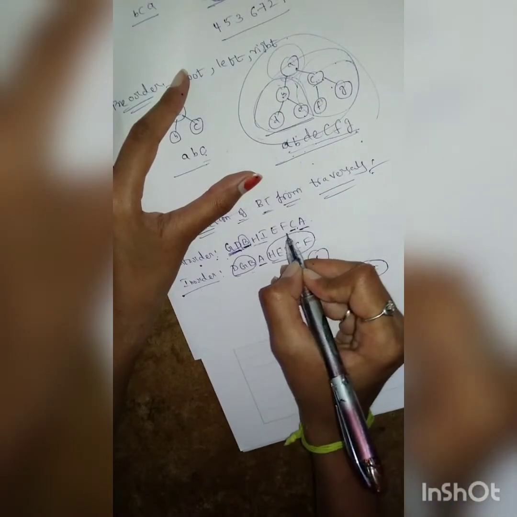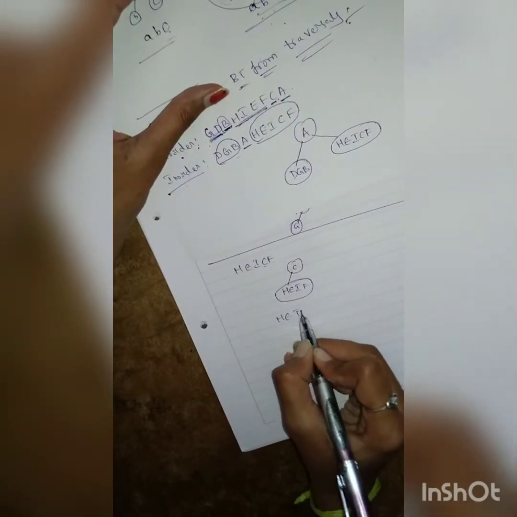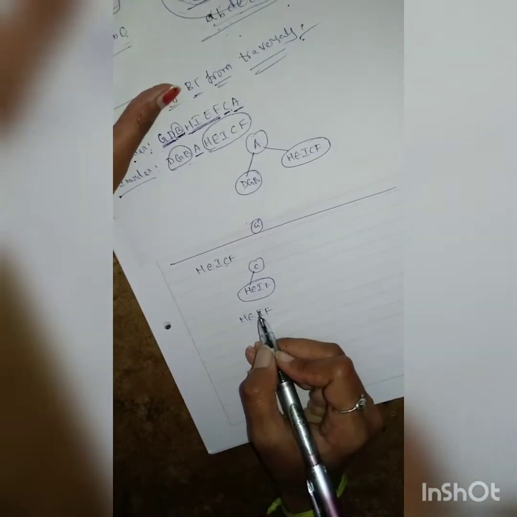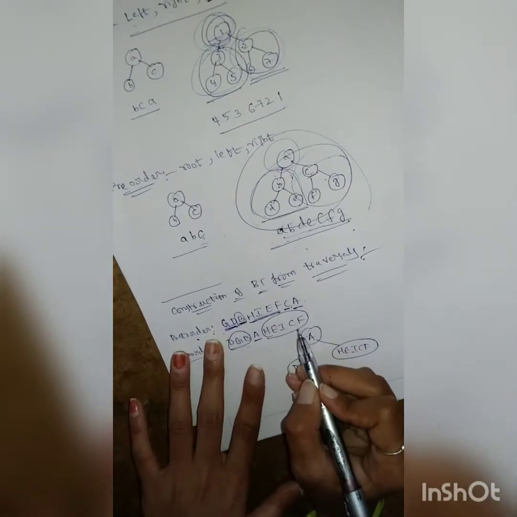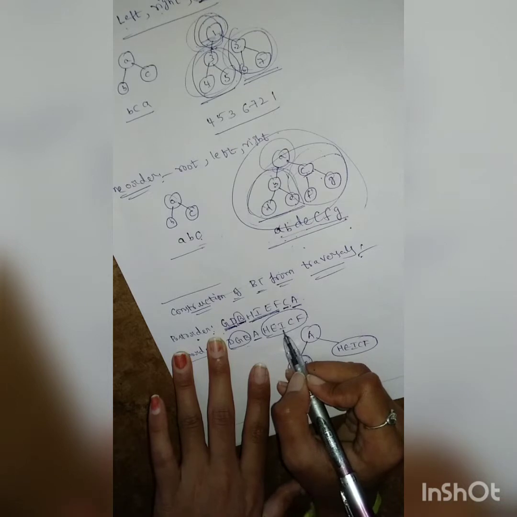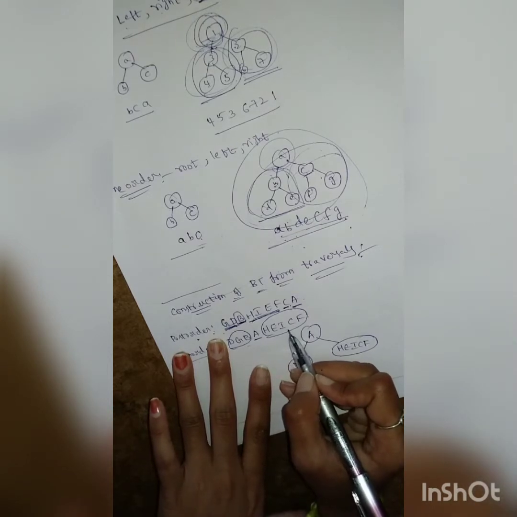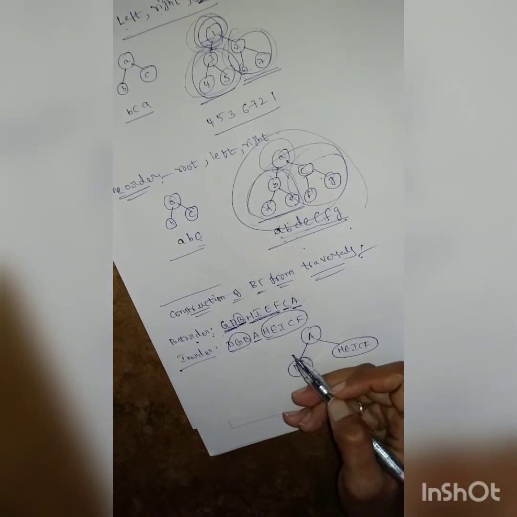Now we will go with H, E, I, C, F. C is coming last and all are to the left. So C. Oh sorry, I made a mistake.